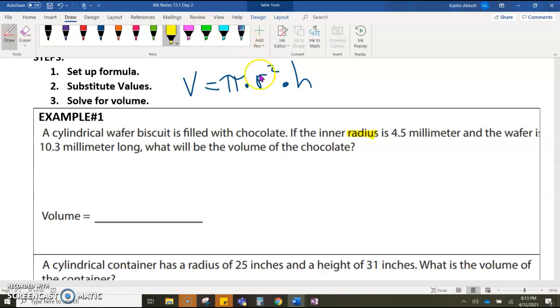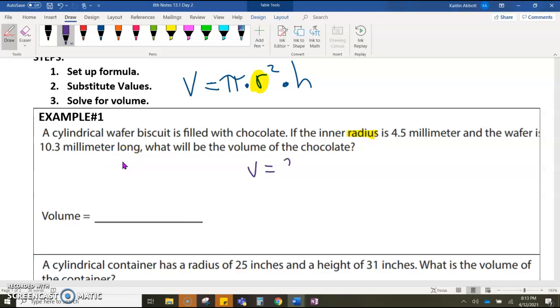So that is a good clue that this is what we want in our equation. We want the R word. We want radius. We don't want diameter. So we're just going to take that 4.5 for what it is, and we're going to plug all of these into the formula.